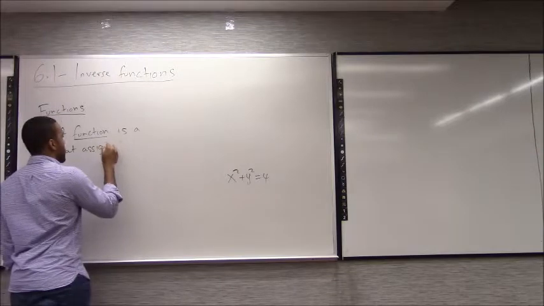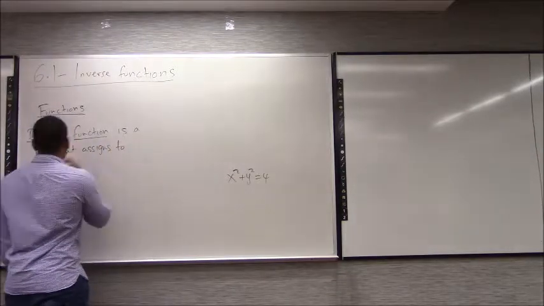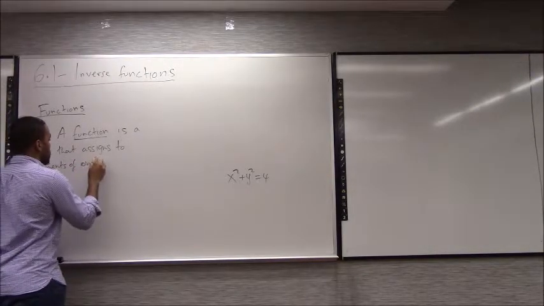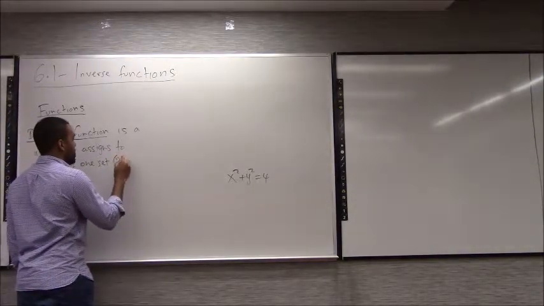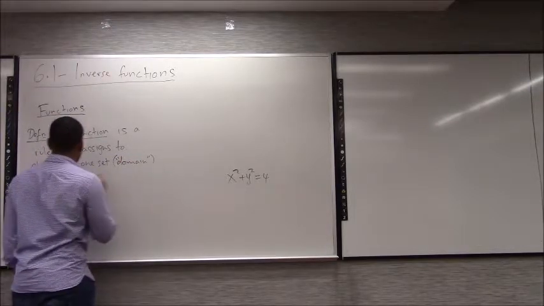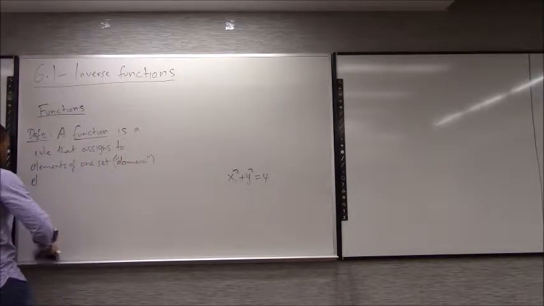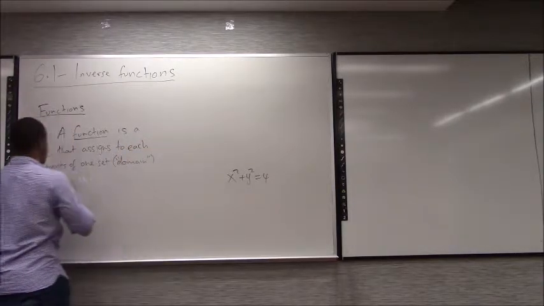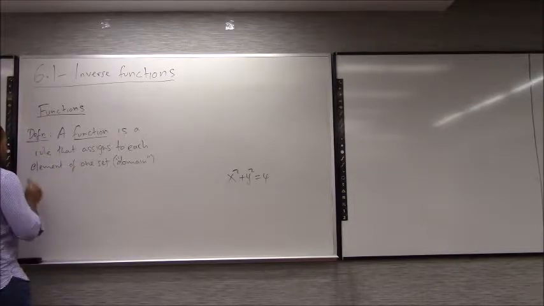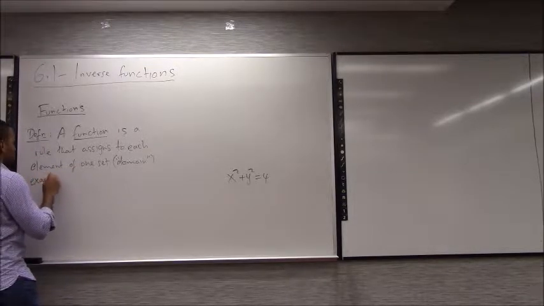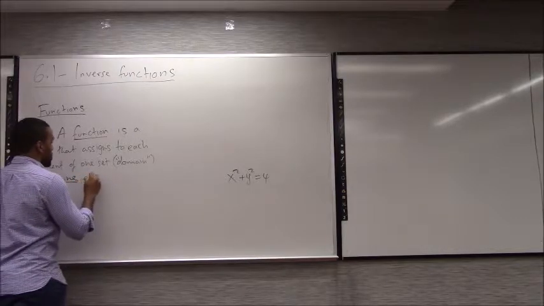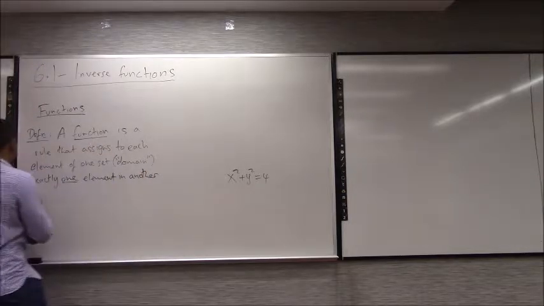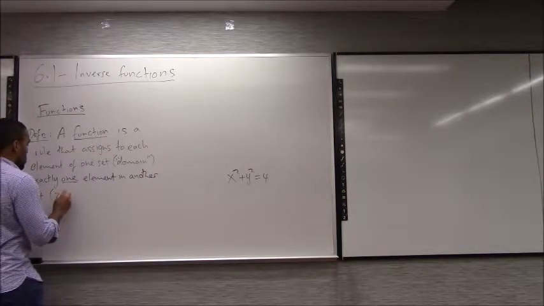assigns to each element of one set, called the domain set, exactly one element in another set called the codomain.